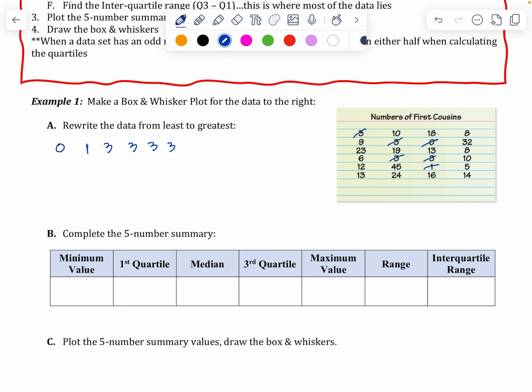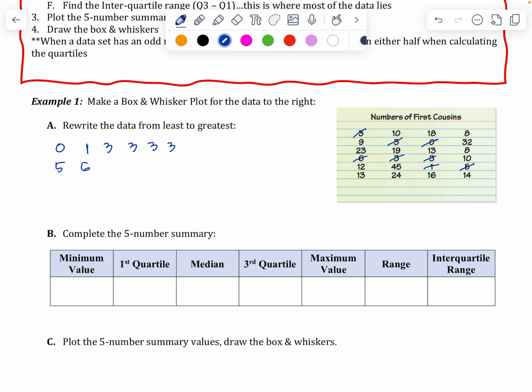All right, so 1 and then 3s. Any 4s? I don't see any 4s, but I see a 5. Put that next. Do I see any 6s? Yes, I see a 6. 7s, I don't see any.